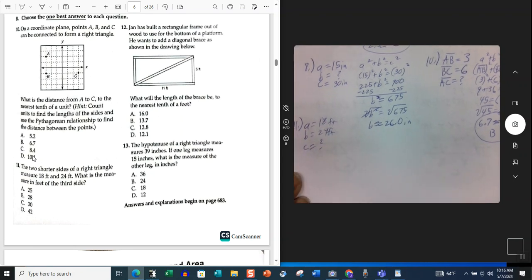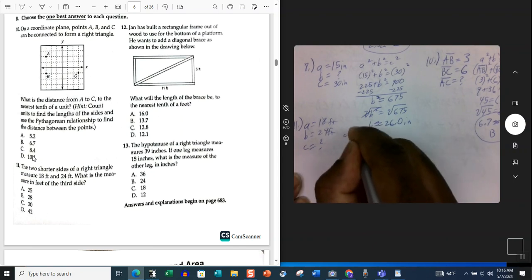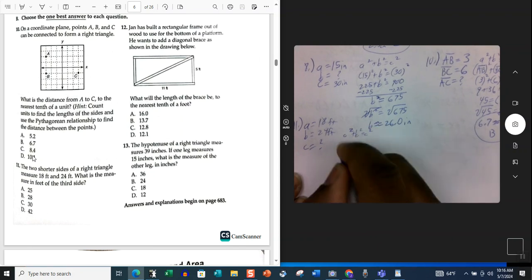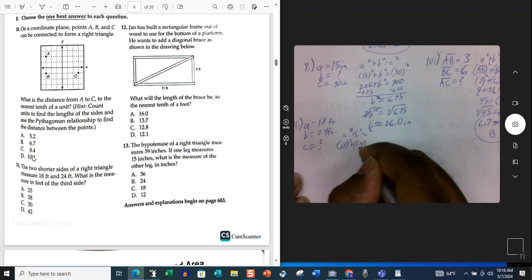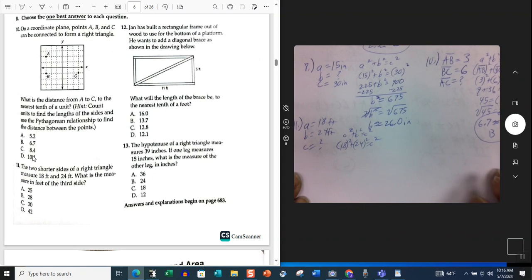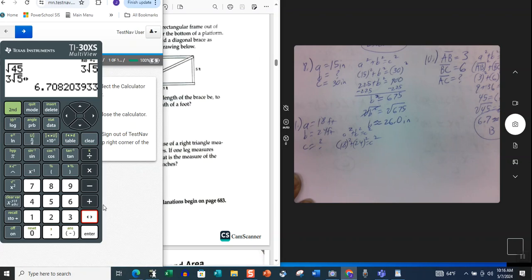So we'll put it in the same formula, that A squared plus B squared equals C squared. A is 18, B is 24, and C we don't know. So we can put that in our calculator. We could put in 18 squared.